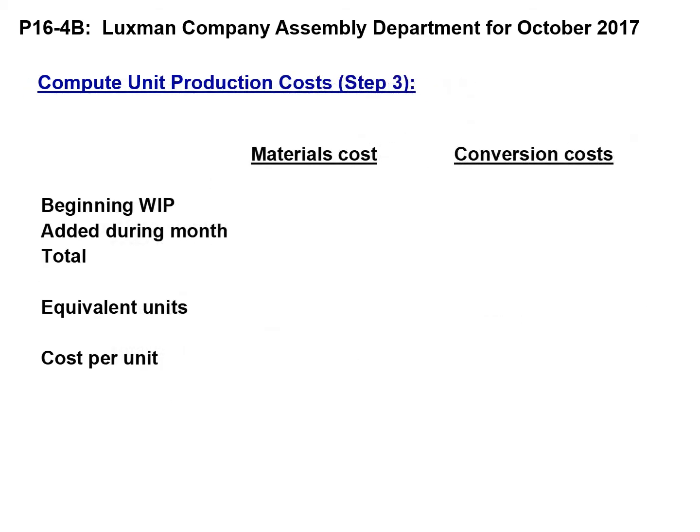In step 3, we're going to calculate our unit production cost. The first thing we need to do is obtain our total materials as well as conversion cost. We know that we began the period with $29,000 of materials. We added over $1 million, so our total material cost is $1,035,000. Our conversion cost, we began the period with $16,500.